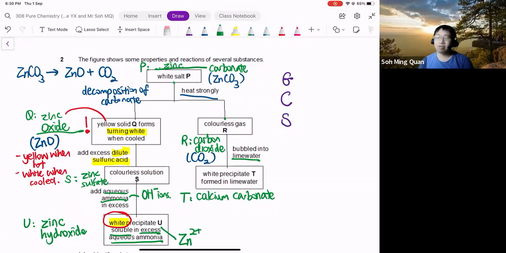Now you realize the annotations are really important. Without the annotations, it's going to be very, very difficult for you to do. And I hope you apply these skills of annotating in other subjects like A-Maths as well. Side conversation: I find that many students, even my ex-students when I taught them A-Maths in school, tend to stare at the A-Maths problem for very long without even writing anything out.